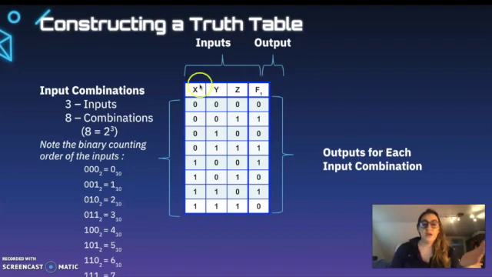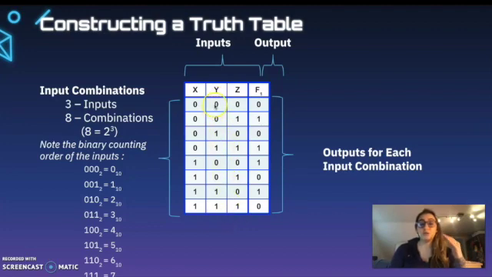Here we see that we have X, Y, Z, and then F1, or function 1, is our actual output. We have 3 inputs, which means we have a total of 8 combinations that we're working with. So 8 equals 2 to the third, because we have 3 inputs. When we look at our inputs, they're counted in binary order: 0, 0, 0, 0, 0, 1, 0, 1, 0, etc., through the possible combinations.